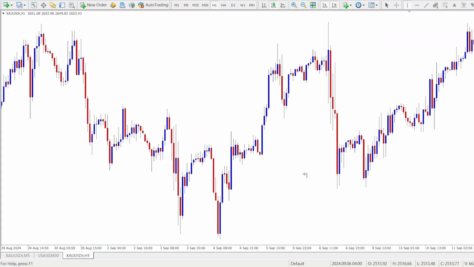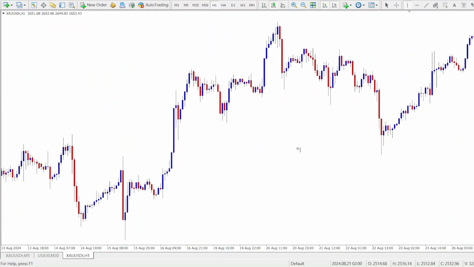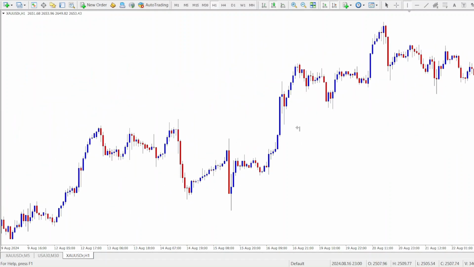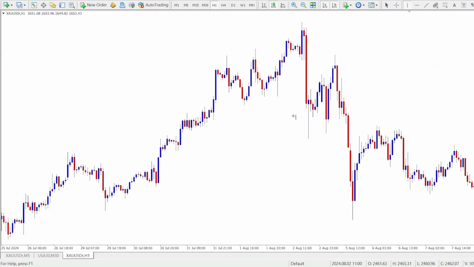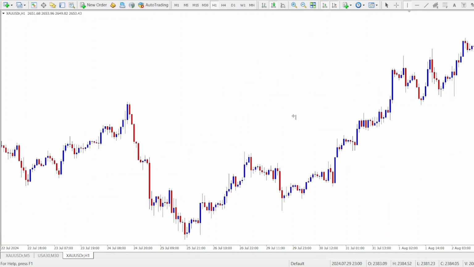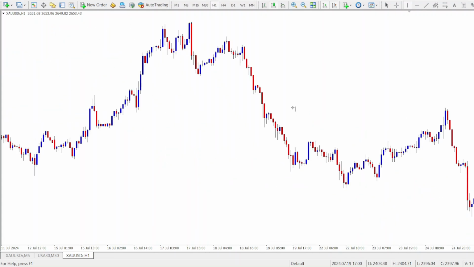Let us look for very good examples of a bullish engulfing pattern.